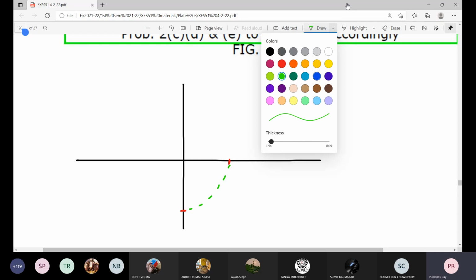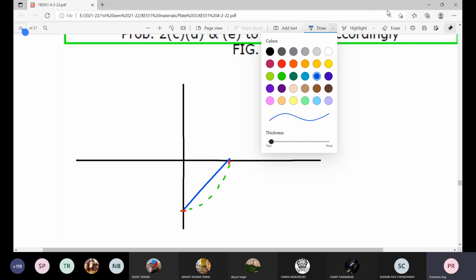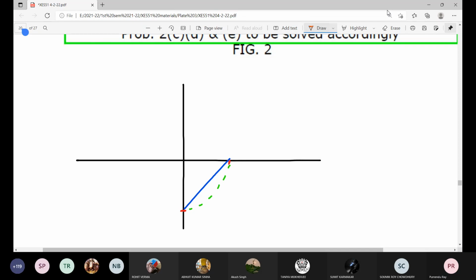Another method is from this point we draw a 45-degree line, or another way, that is, draw a 45-degree line from this point.